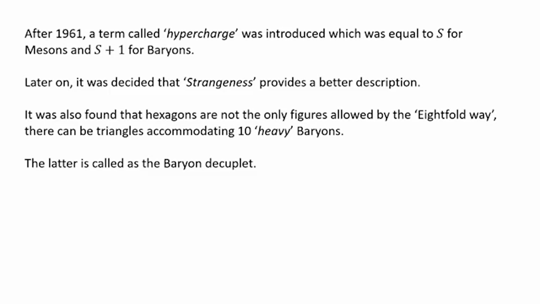It was found that the hexagons are not the only figures which are allowed by the eightfold way. There can also be triangles accommodating 10 heavy baryons. Okay, so, we have talked about the light baryons, now we are talking about the heavy baryons. And this triangular shape in which 10 heavy baryons are accommodated is known as the baryon decuplet.